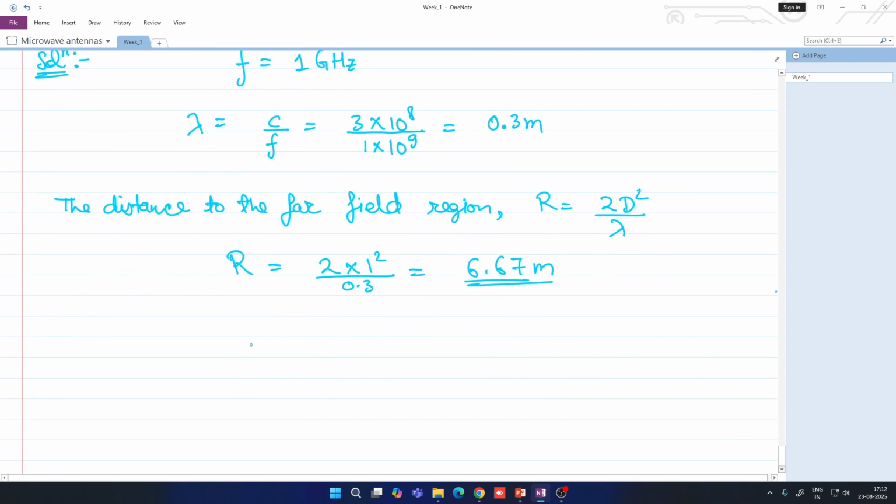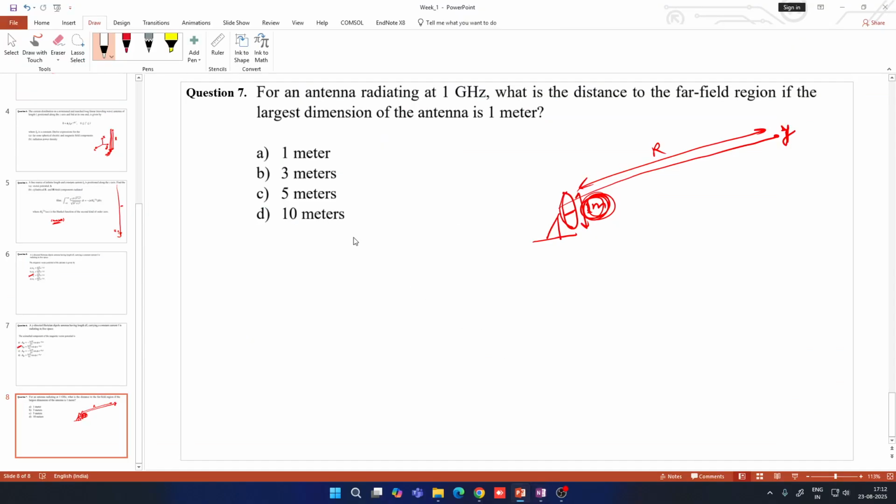So any option given in the problem which is greater than or equal to 6.67 meter is the correct one. So now we will match the options. Option D is correct.